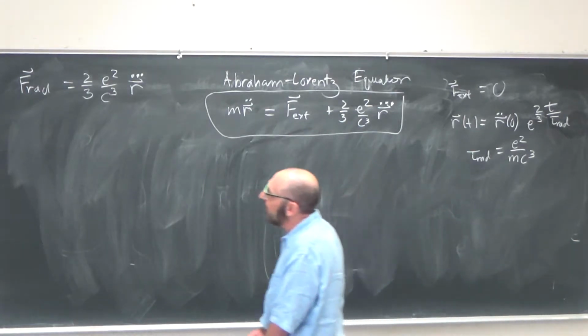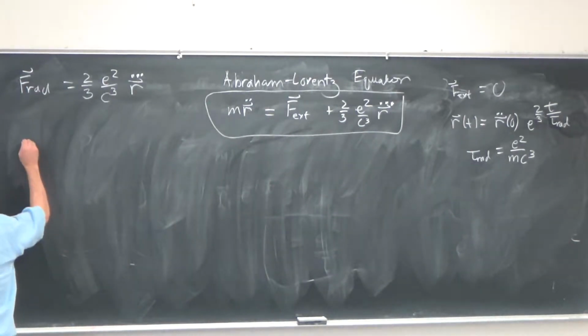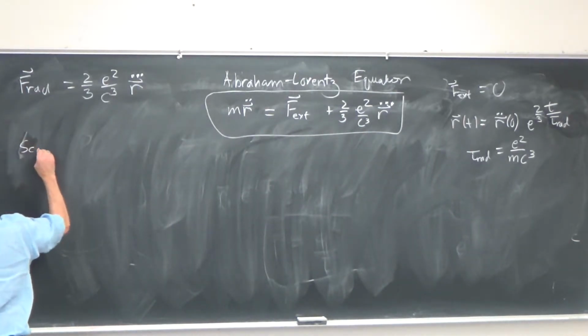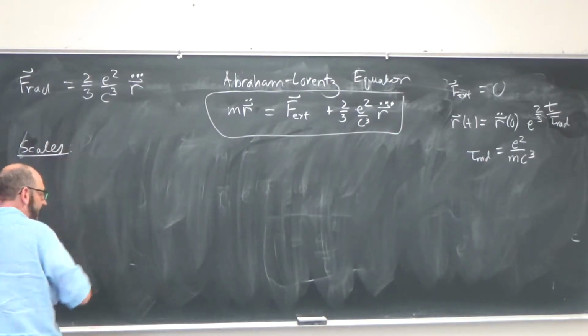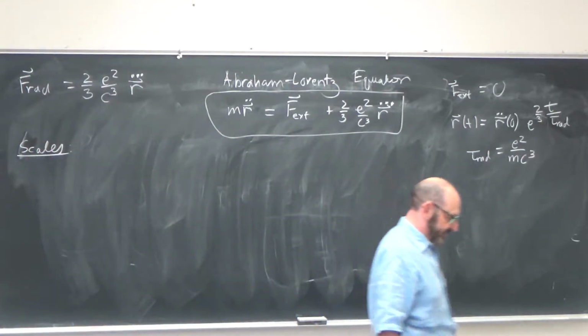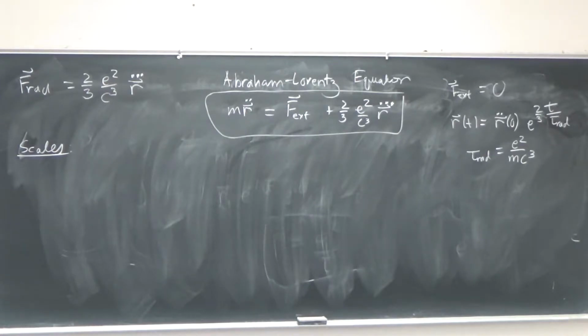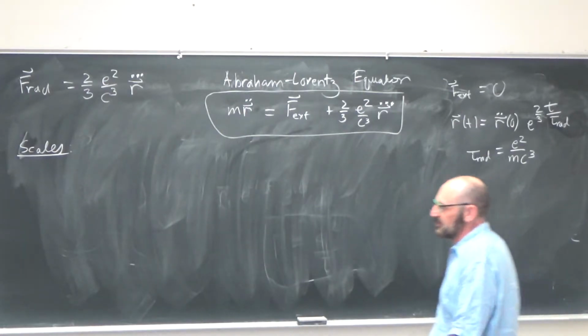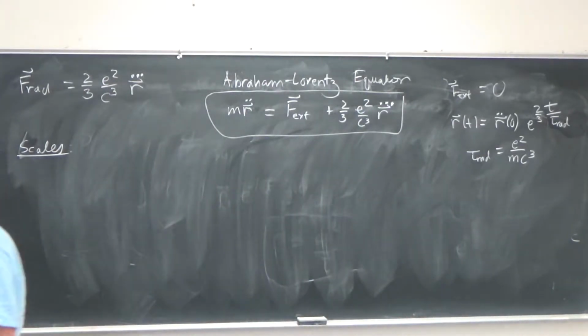So let me back off now and talk about scales of the problem. As I emphasized, really the first thing you should do when you see a new problem is ask what are the relevant scales in the problem, given the constants that we have.